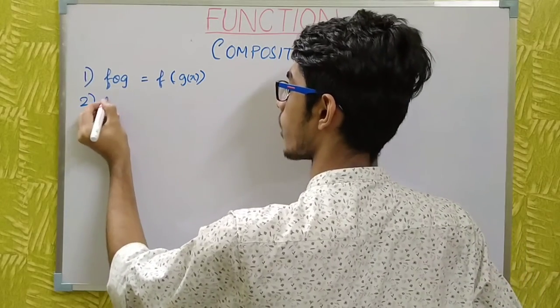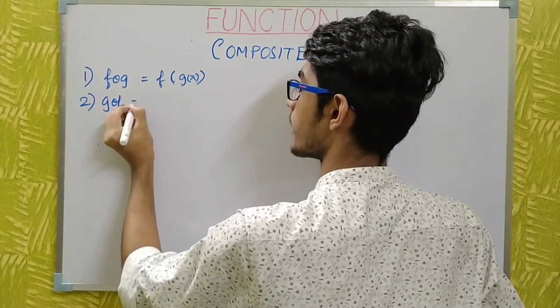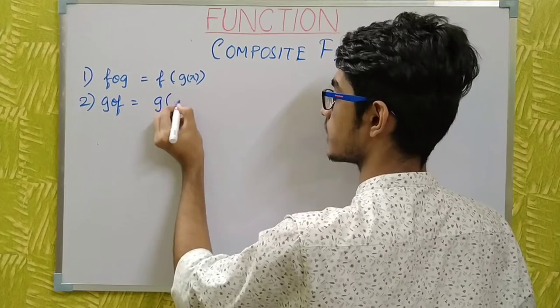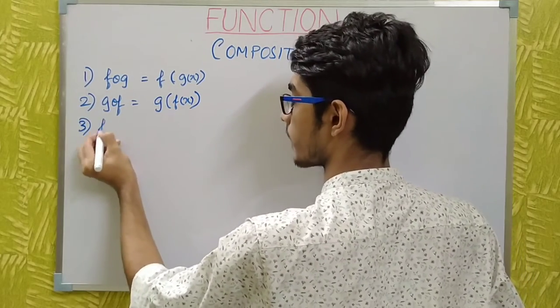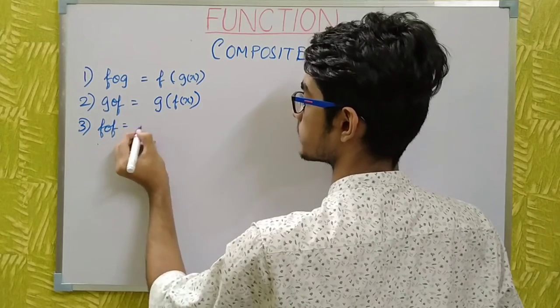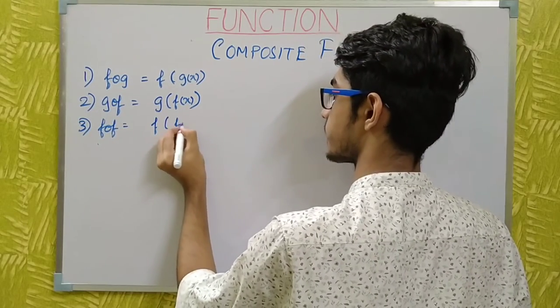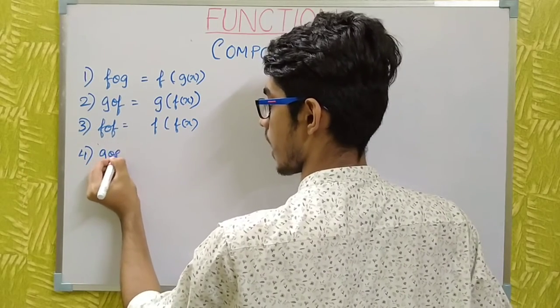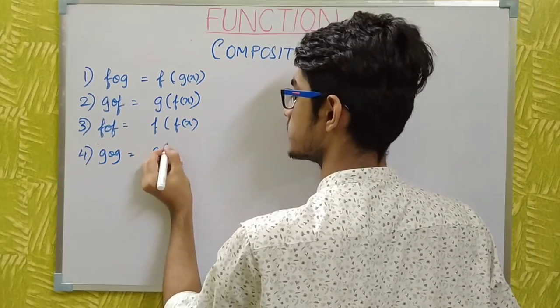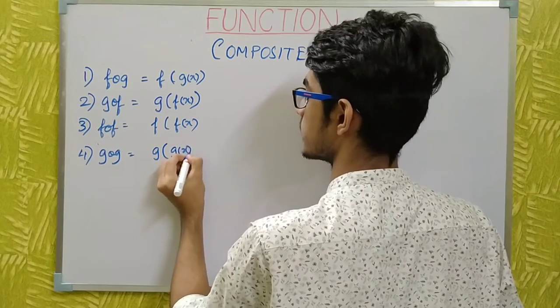Then the second one is gof. It is also written as g of fx. The third one is fof, which means f of fx. And the fourth one is gog, which means g of gx.